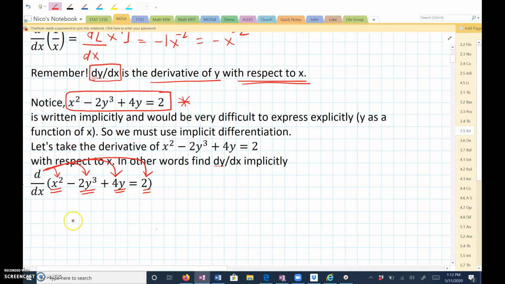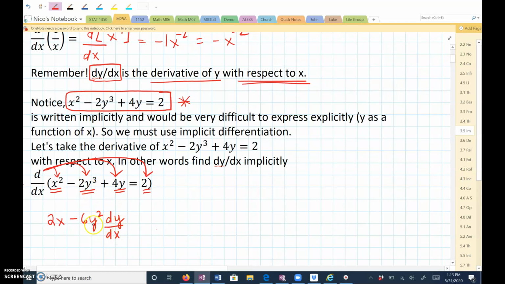If it's a constant, you can assume that it is with respect to x or whichever variable is there. So if we took the derivative all the way through, this would be 2x to the first, nothing new there. This one here would be negative 6y squared, and then you would multiply this by dy dx, because you're taking the derivative of y with respect to x.